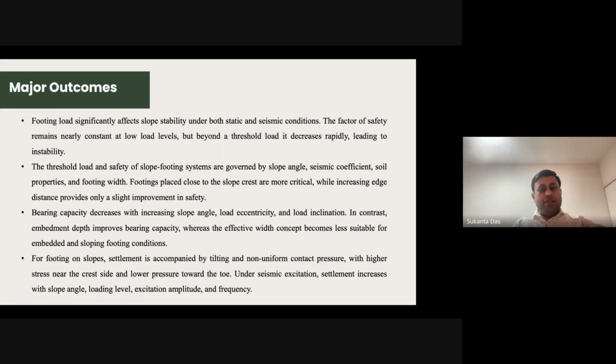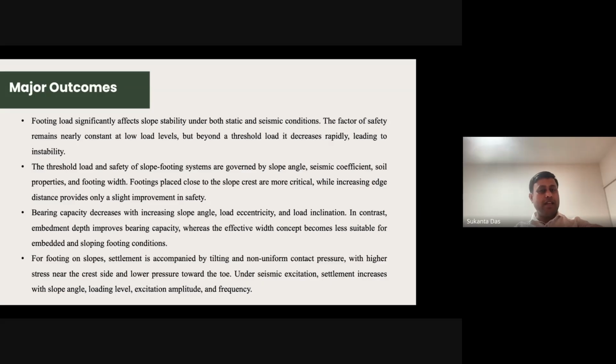Okay, so I think I have discussed everything very clearly, and some of the major outcomes I can say are, we have clearly seen how the static and seismic bearing stability influences the slope.